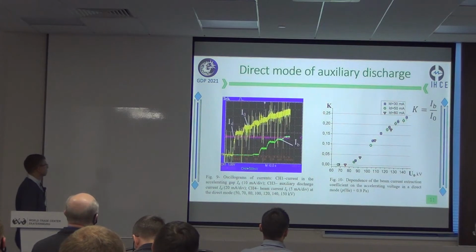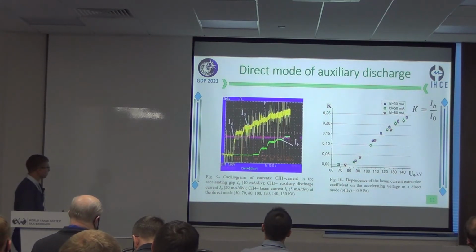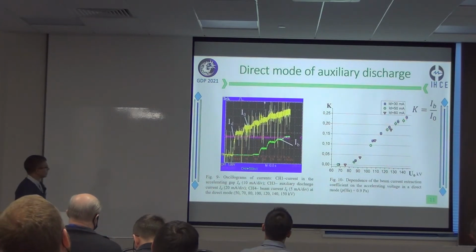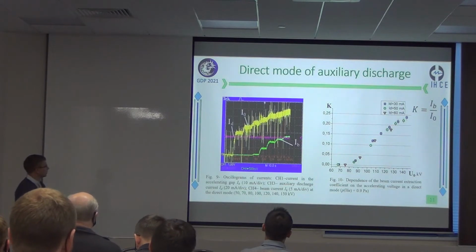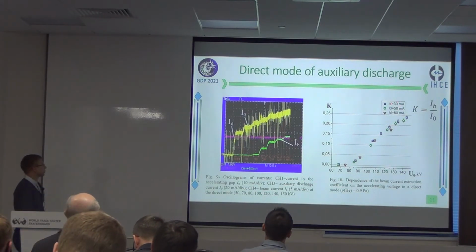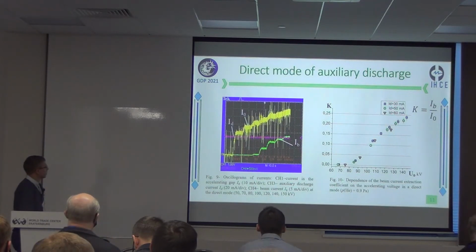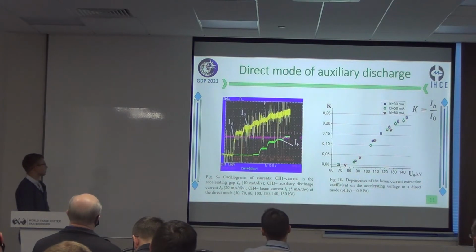It is quantified as the ratio of amplitude values of current at different accelerating voltages. In the range of discharge current from 30 milliamperes to 80 milliamperes, the extraction coefficient doesn't change. That is probably due to slight change of the ion-electron optical system.